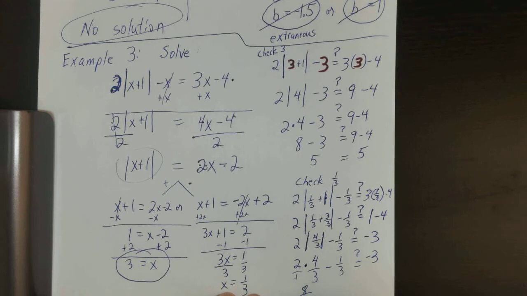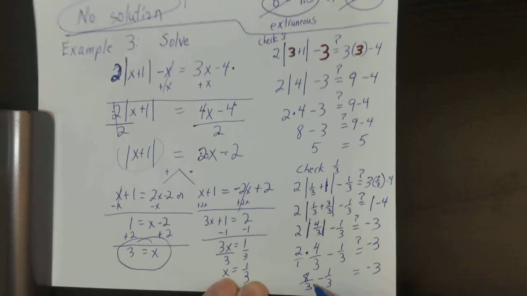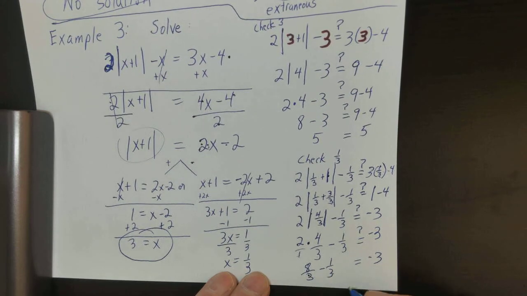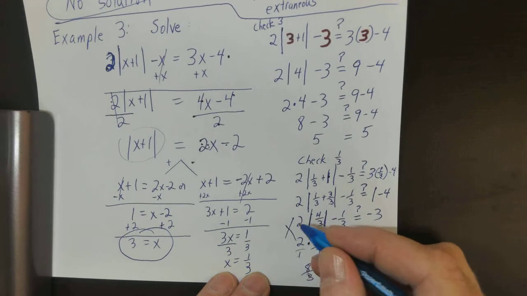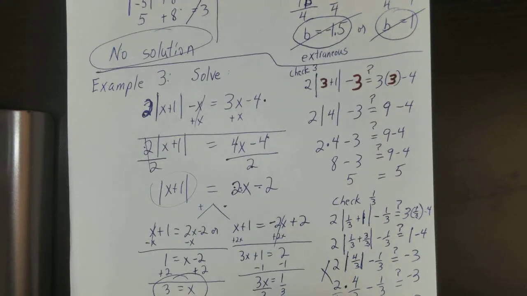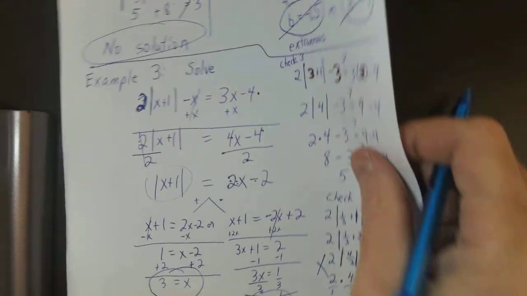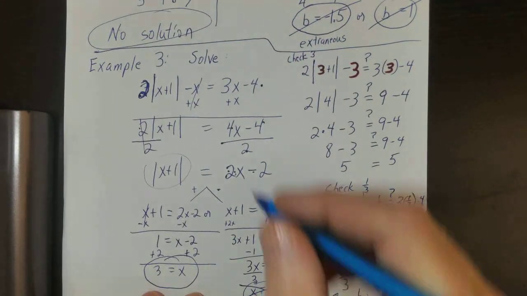That's 8 over 3 minus 1 over 3 equaling negative 3. Well, I'm going to say no, because 8/3 minus 1/3 is 7/3, and it's positive, so there's no way that's negative 3. So that one does not work. This is an extraneous solution, so this one only has one solution.